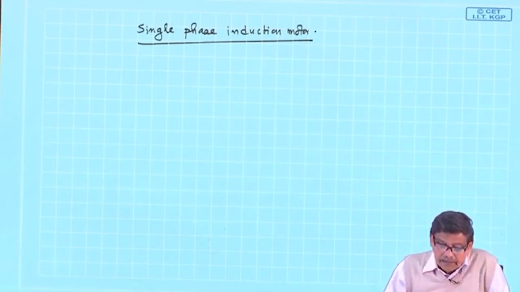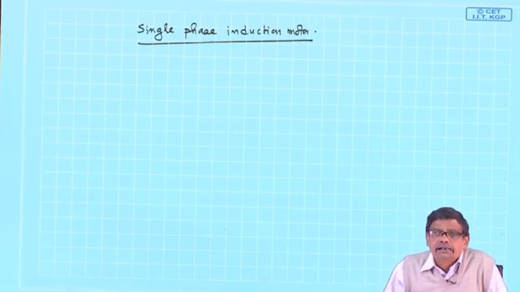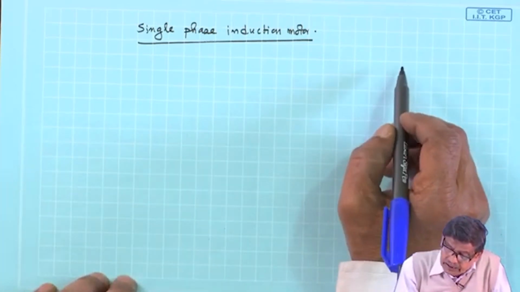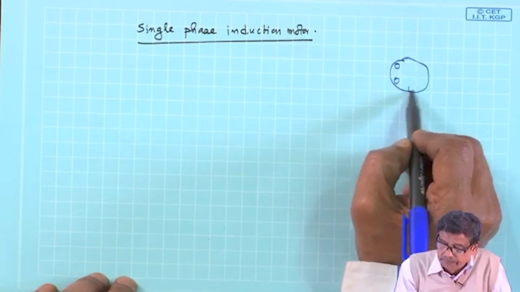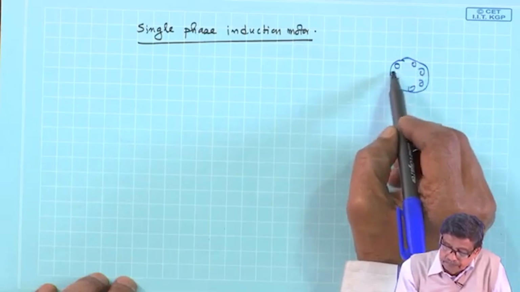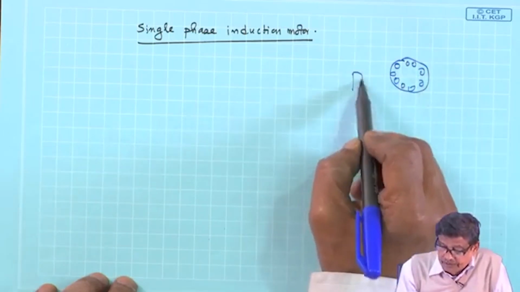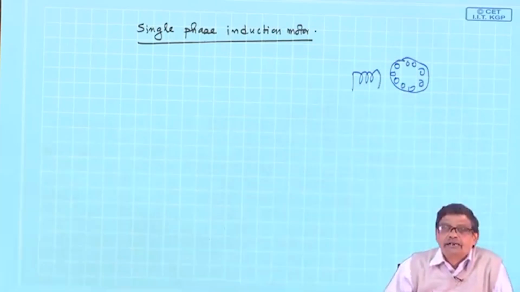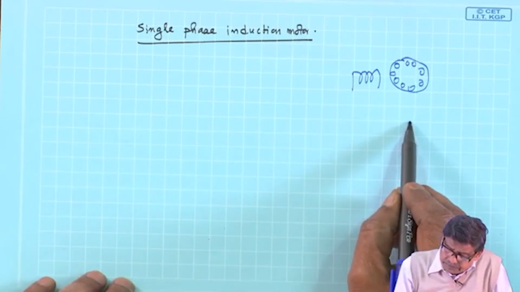A single phase induction motor, constructionally, on the stator there is a single phase winding, and the rotor in general is a cage rotor. That is, it can be like this, a cage rotor, and a single phase winding, no R, Y, B, single winding.